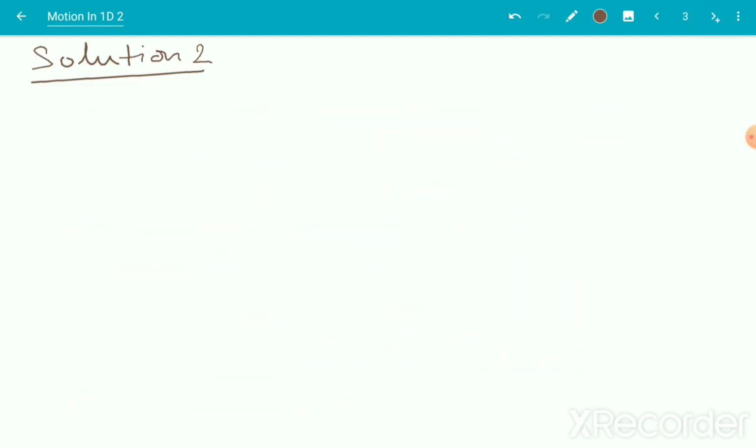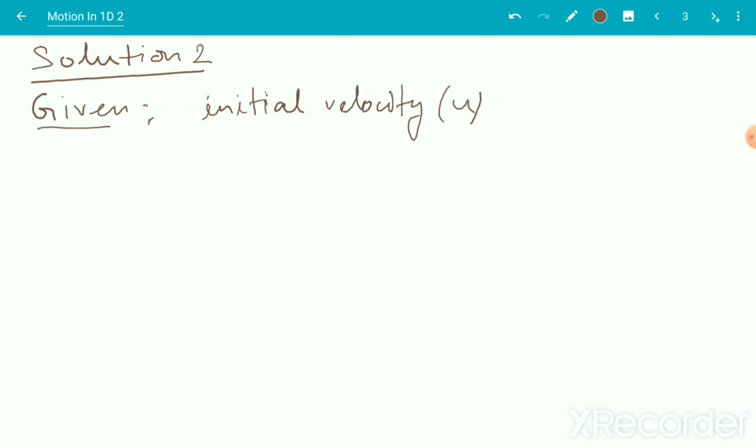So it is the initial velocity that has been given, denoted by the letter u, and u is 20 meter per second.